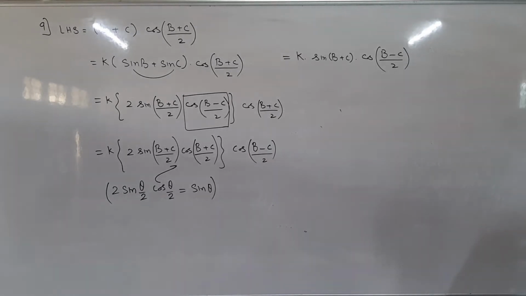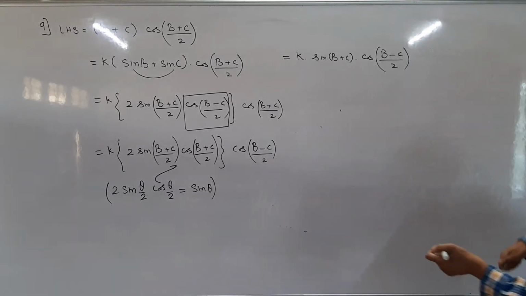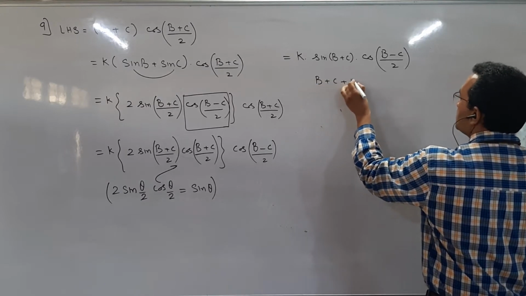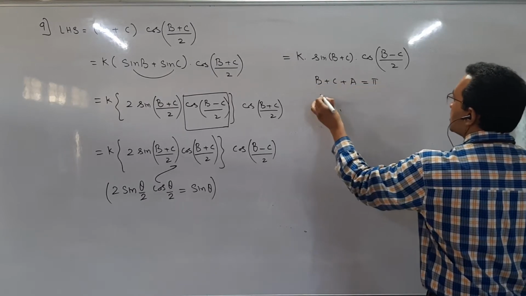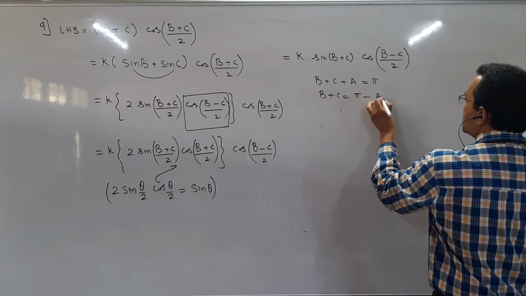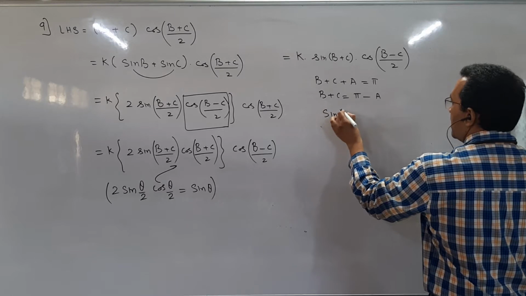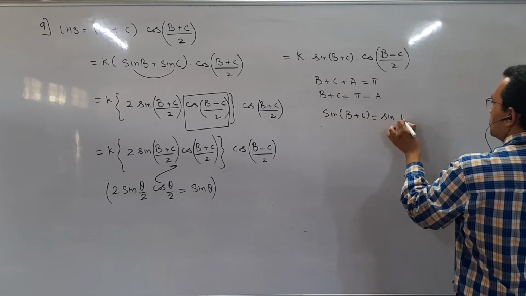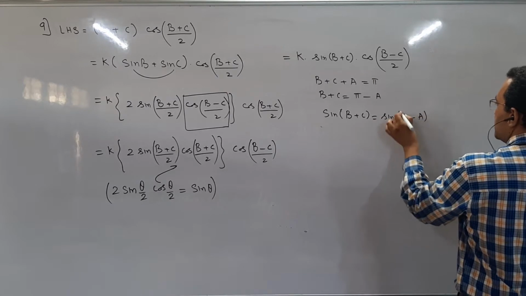Now, students, the answer is required in terms of small a. All of you know, for a triangle, b plus c plus a is equal to pi. So, b plus c is equal to pi minus a. So, sine of (b plus c) is equal to sine of (pi minus a).